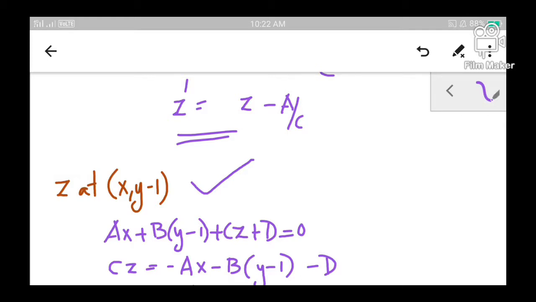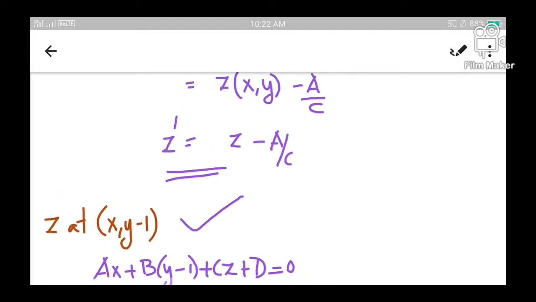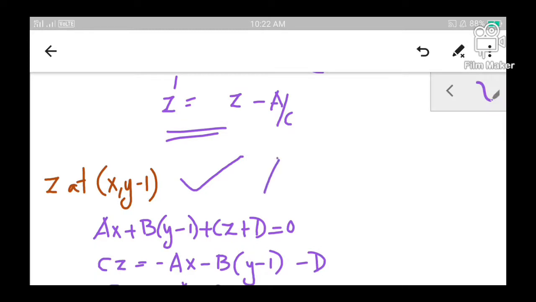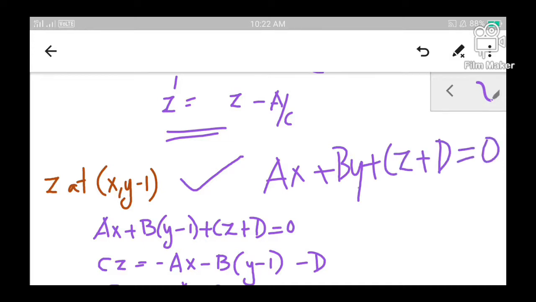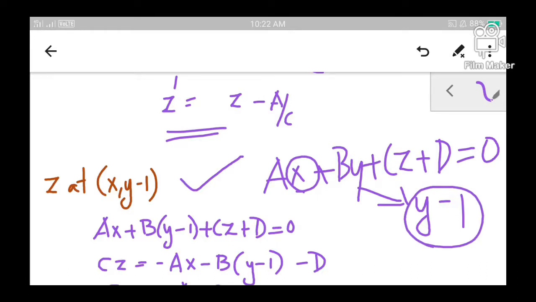For this we are going to use the plane equation, and instead of y in ax plus by plus cz plus d equal to 0, we will be using y minus 1, because we are in the same column but in a row below the previous one.